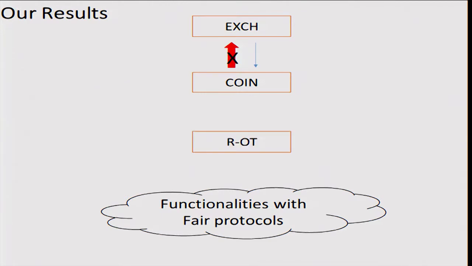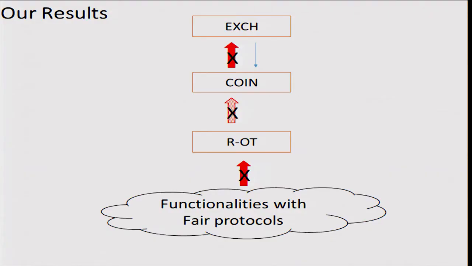We then study the randomized oblivious transfer functionality and show that it too does not have a fair protocol. In fact, our result is more general, and it shows that any sampling functionality over a distribution that is non-trivial does not have a fair protocol. Our next result shows that with access to the randomized oblivious transfer, one cannot get a fair protocol for coin.